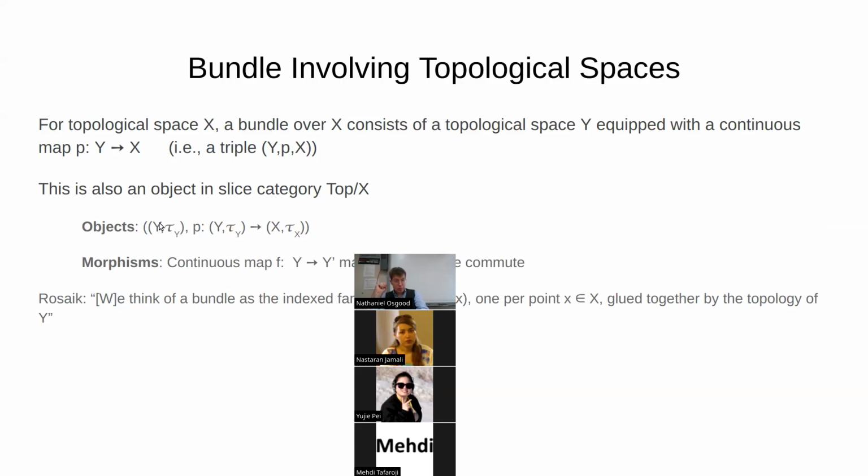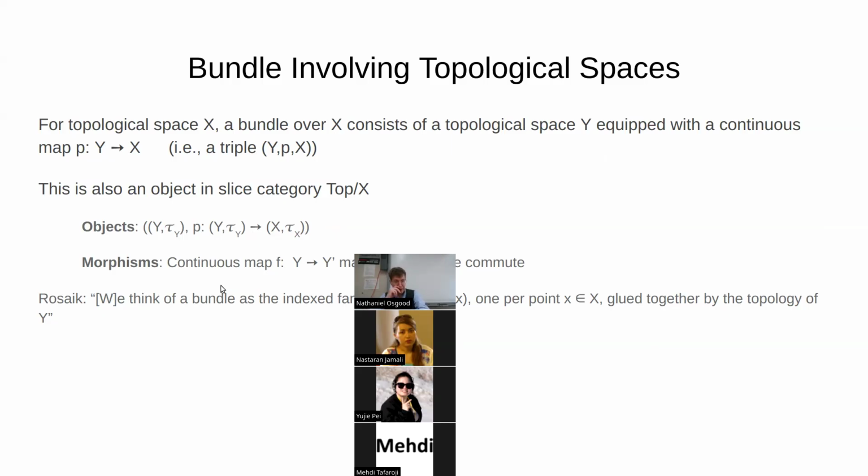The objects of Top are topological spaces, Y and tau, but the objects in Top slice over X are a Y and tau topology together with a topological map, a continuous map, I should say, from this topology to the topology X. And morphisms are continuous maps making the bundle triangle commute. So that honors this mapping down to it, right?